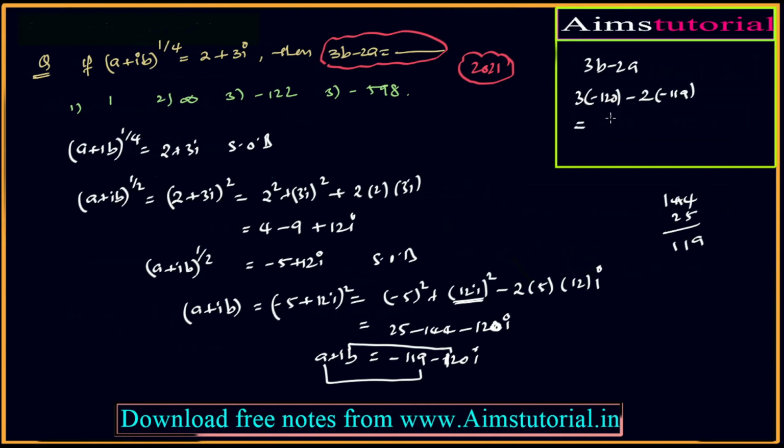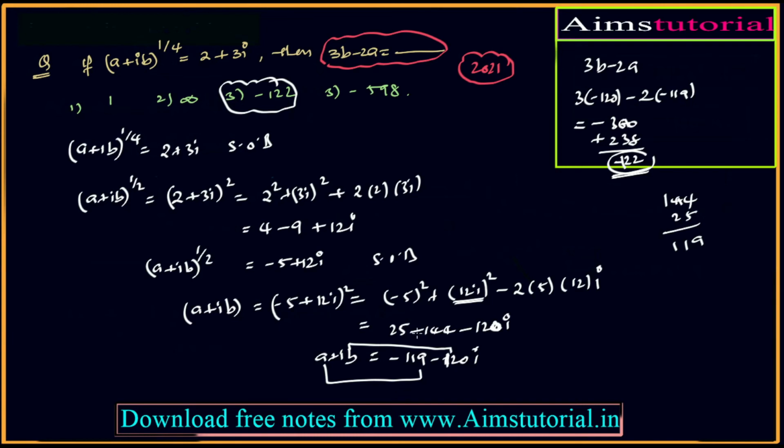So minus 360 plus 238, so the answer is minus 122. Minus 122 means our third option.